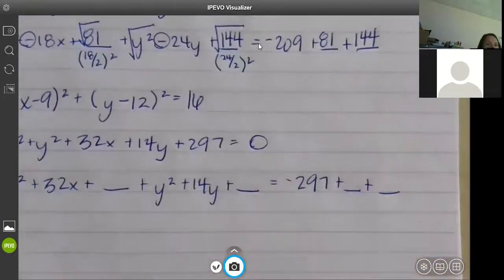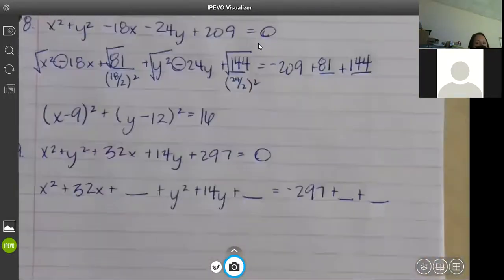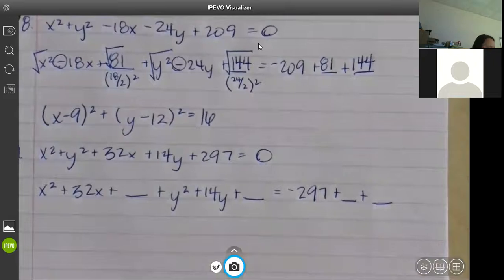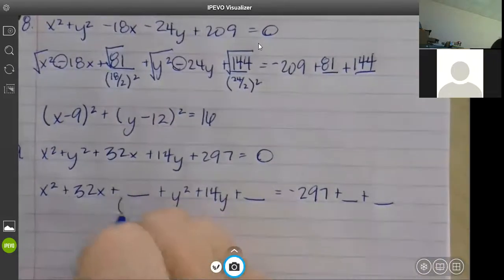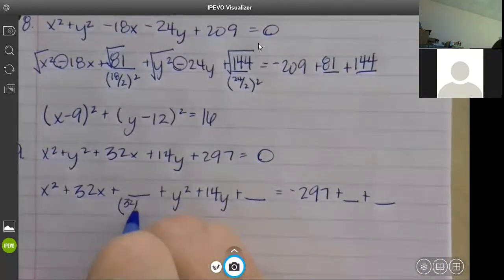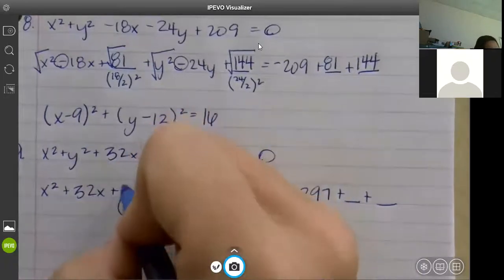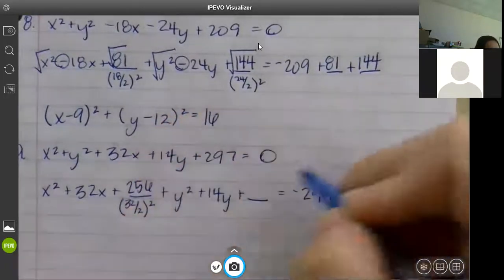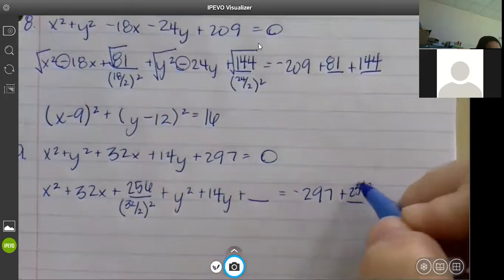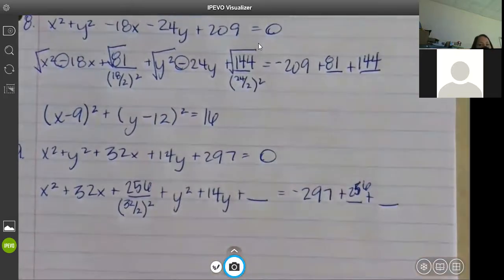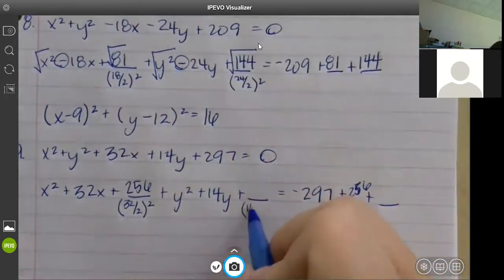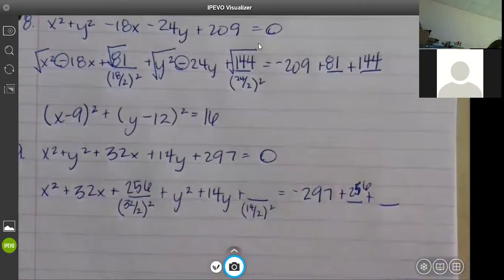What I do to one side, I have to do the other. Plus blank plus blank. First blank: 32 divided by 2, squared, 256. This blank: 14 divided by 2, squared, 49.